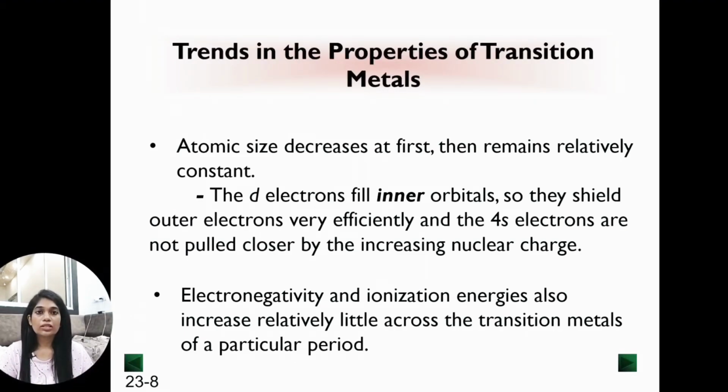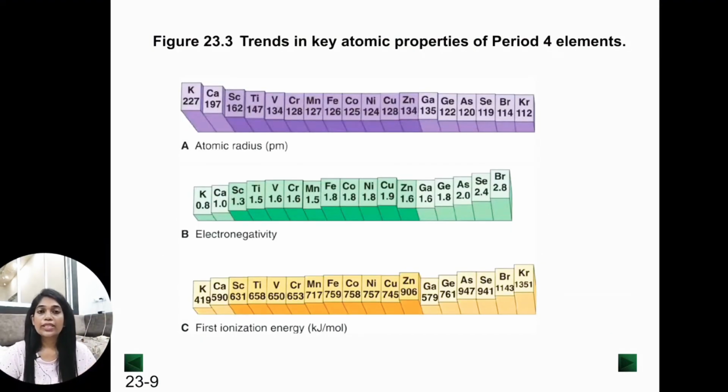Because all these transition elements are metals, metallic in nature, they have low electronegativity. But in the periodic table, from left to right, electronegativity increases. Remember that point.